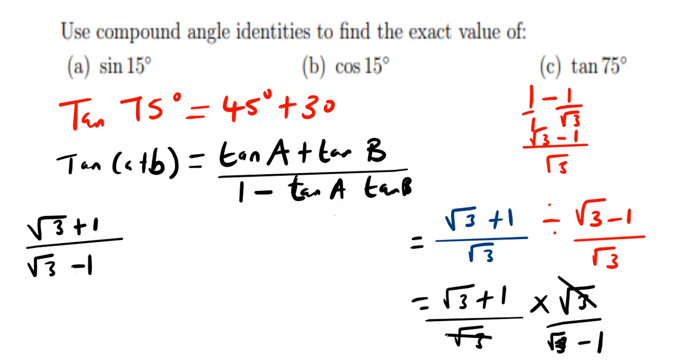You know that these are surds, so to simplify, I just have to multiply by the conjugate on both sides. The conjugate of the denominator is root 3 plus 1, so I'll do it on both sides.